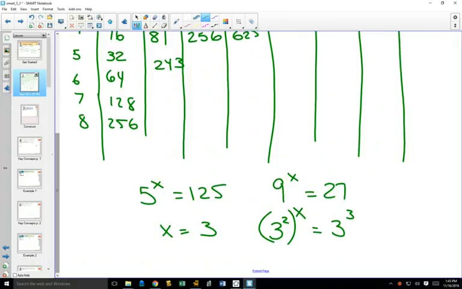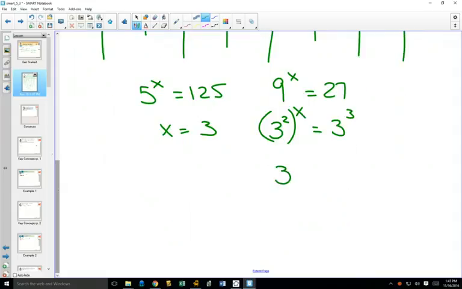This is a medium one because you first had to recognize what column of our powers chart both of those numbers are in, and then write them as powers of 3. Then if you simplify using your exponent laws, this side is 3 to the 2x, and this side is still 3 cubed. Does it make sense that these two things in the blue circle have to be equal?